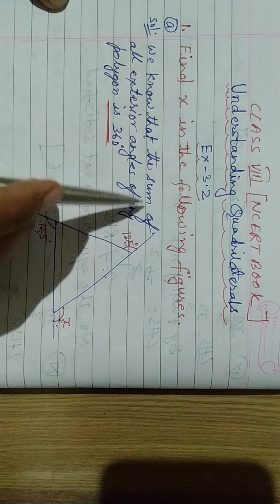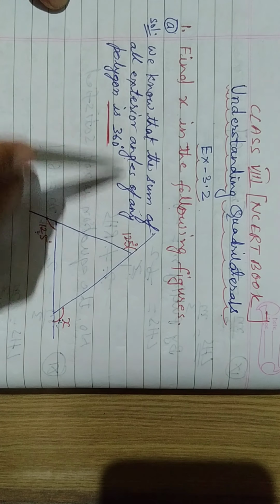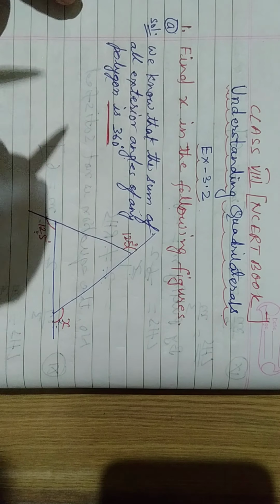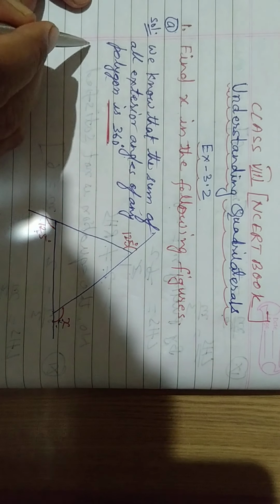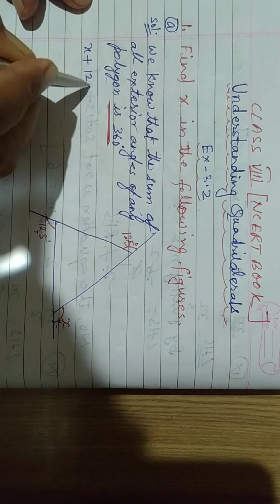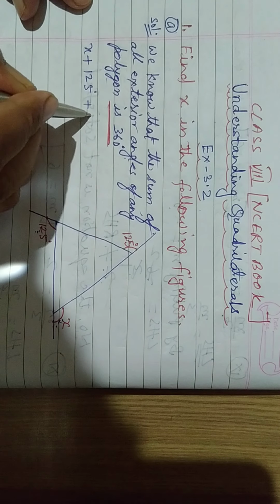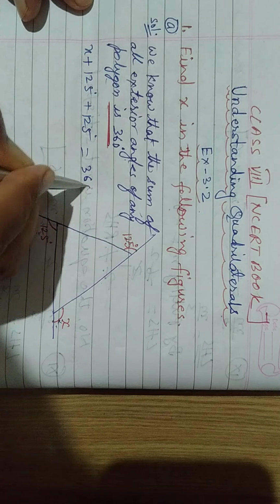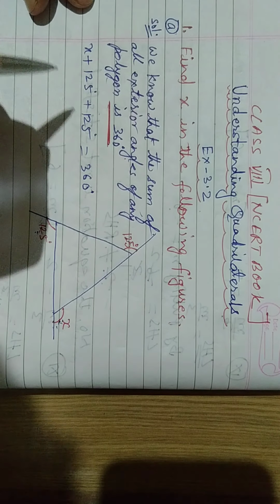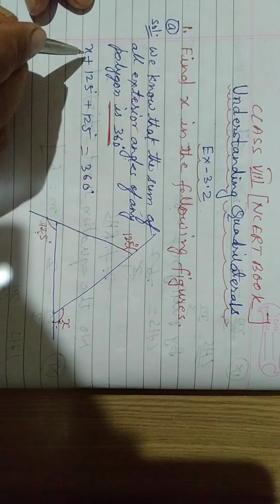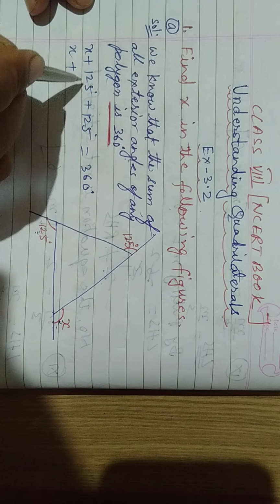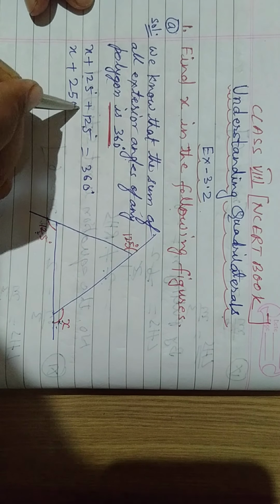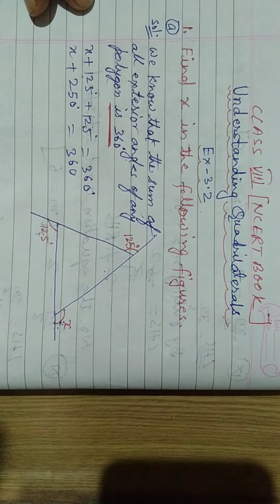We know that the sum of all exterior angles of any polygon is 360 degree. So we start from here. X plus 125 degree plus 125 degree equal to 360 degree. Next step, x plus, you add 125 plus 125, 250 degree equal to 360 degree.